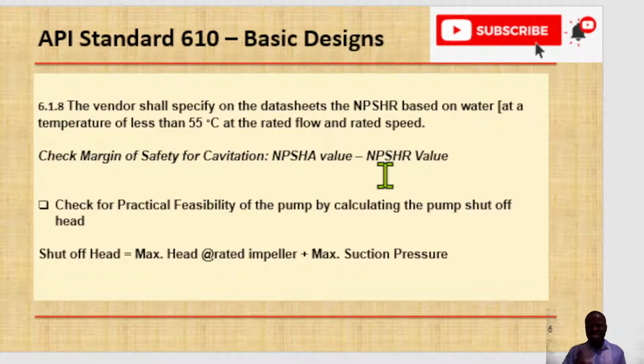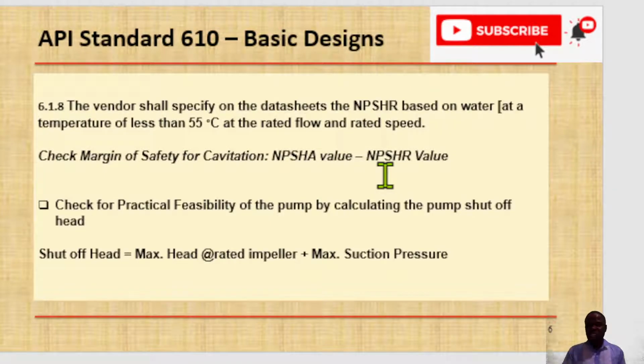So now the next thing during the technical evaluation of this mechanical data sheet is that you check the margin of safety for cavitation by checking the difference between the NPSH value of your system characteristic and the NPSH value of the pump characteristic.